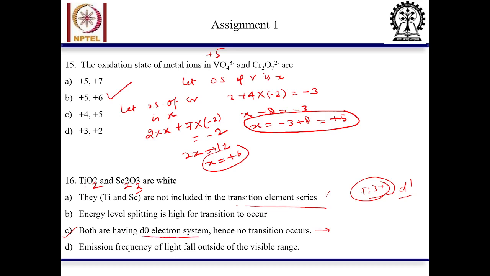But for titanium 4 plus, it is basically d0, and scandium 3 plus, both have a d0 electron system.